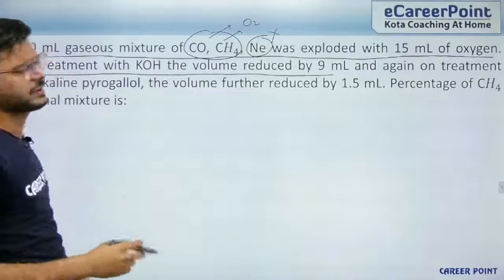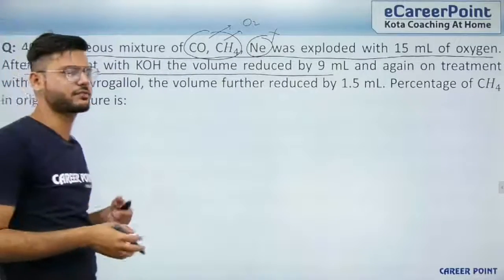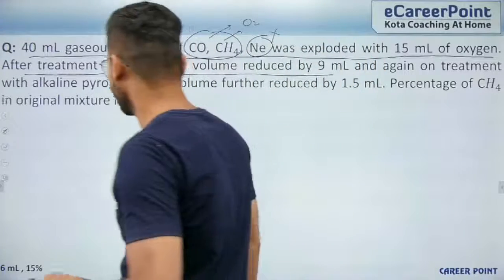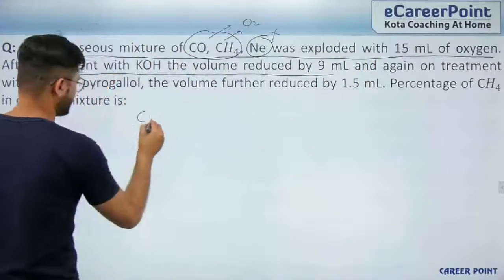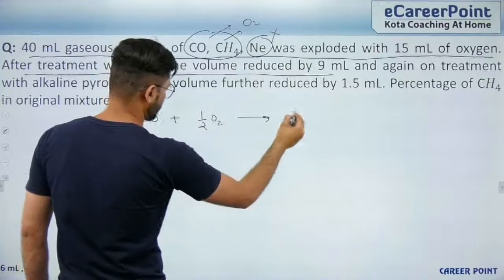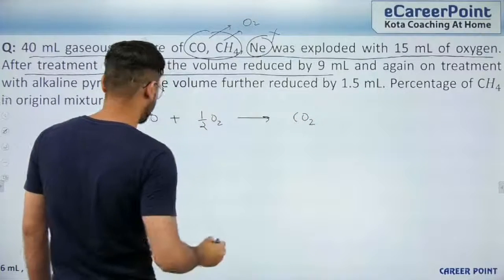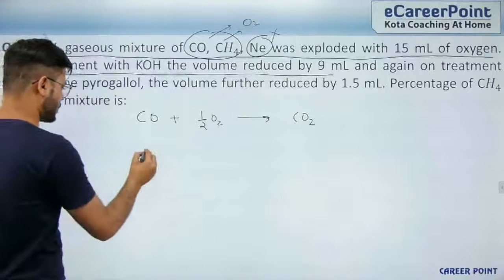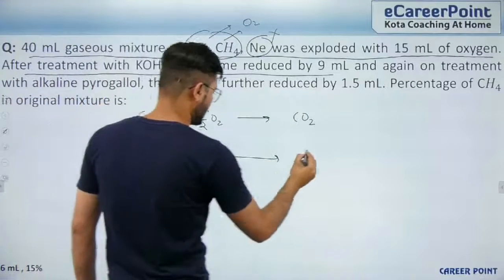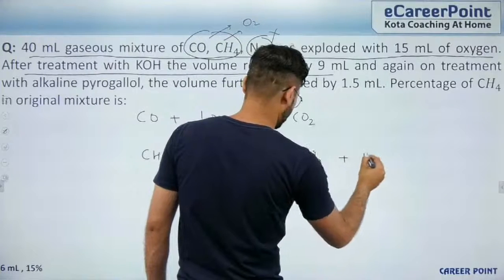You need to remember this, and slowly, as we move forward in chemistry, you will be able to understand these things. So let's see. Carbon monoxide reacts with half oxygen to give CO2. And CH4 reacts with O2 to give CO2 plus H2O.